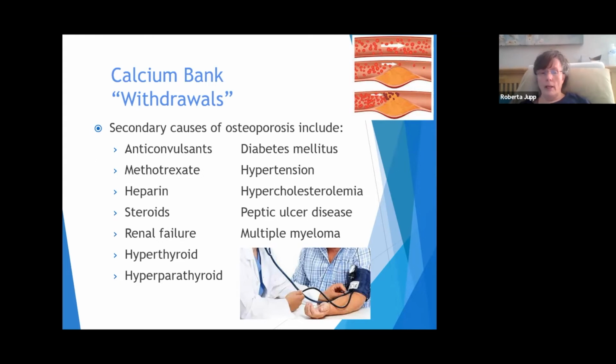Overactive thyroid, overactive parathyroid, diabetes, we talked about that, the high blood sugars and the insulin, there's a relationship there. Hypertension, hypercholesterolemia, peptic ulcer disease, and then multiple myeloma. So these are secondary causes of osteoporosis other than the food that we eat and maybe the exercise that we do or don't do, and the stress.